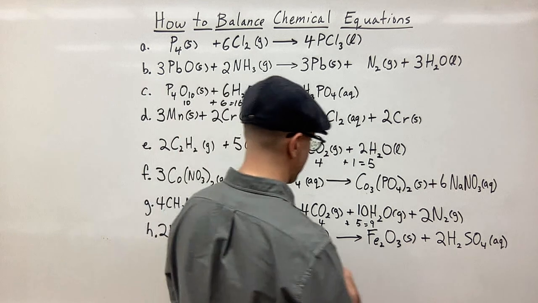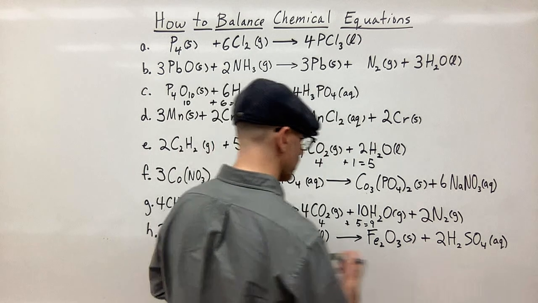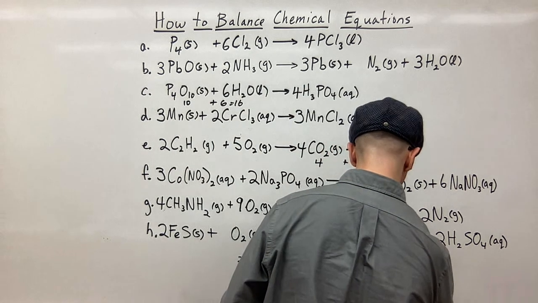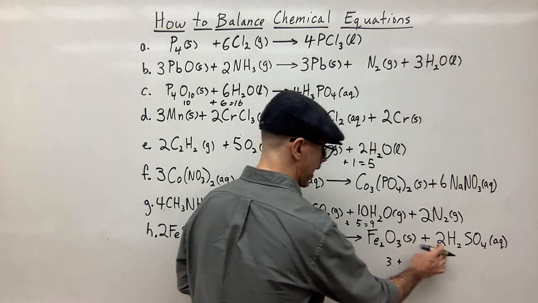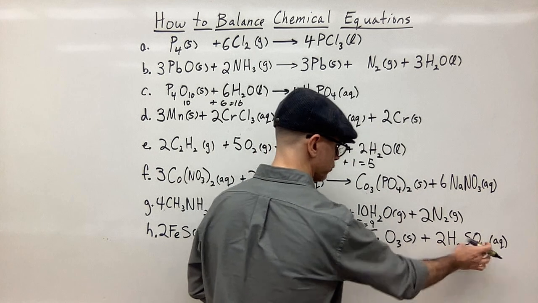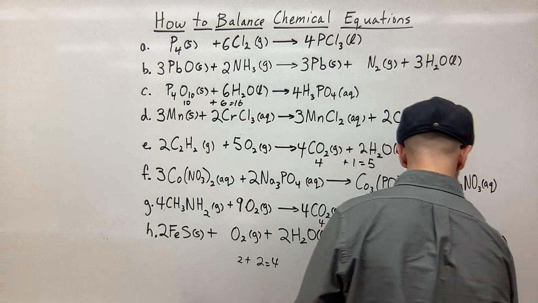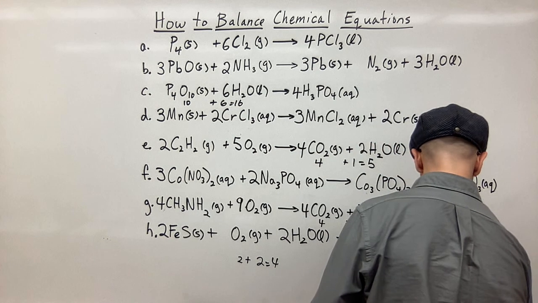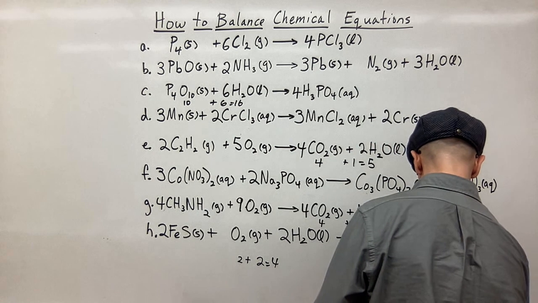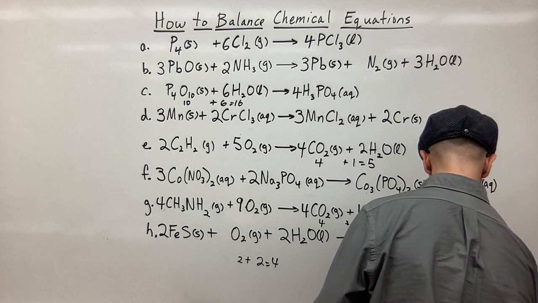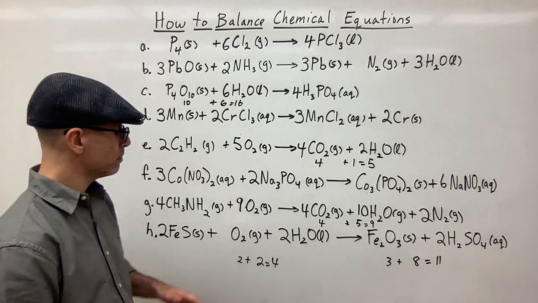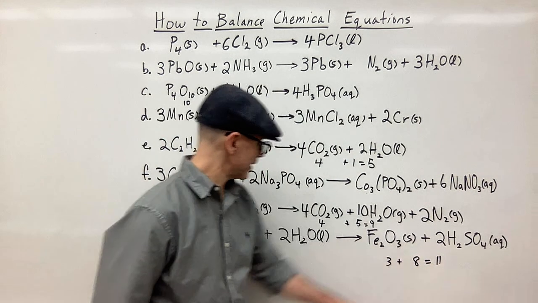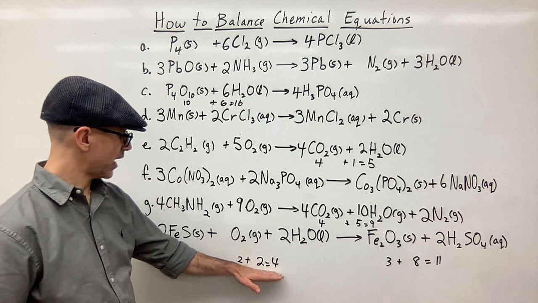And then on this side, I have 3 plus 2 times 4, right? 2 times 4 gives me 8. So on this side, I have 8. And that gives me 11. So I have 11 on this side, but I only have 4 on this side.